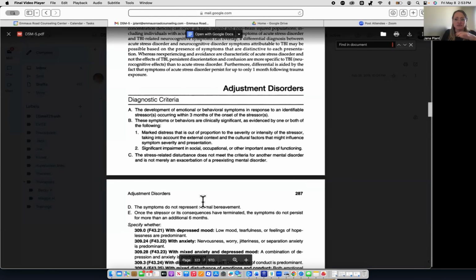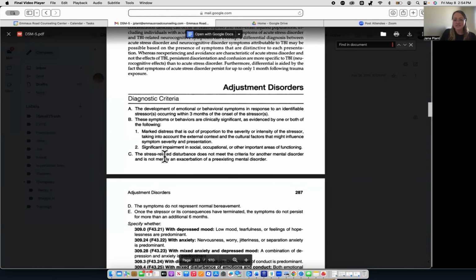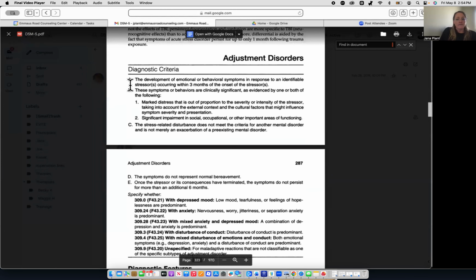Okay, the next diagnosis we're going to look at is adjustment disorder. A lot of clients that we see, especially over at the college, do meet the criteria for adjustment disorder. Let's dive into those. The first diagnostic criterion is the development of emotional or behavioral symptoms in response to an identifiable stressor within 3 months of the onset of the stressor.